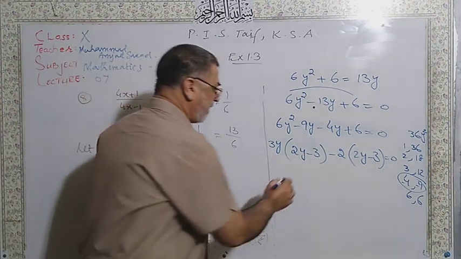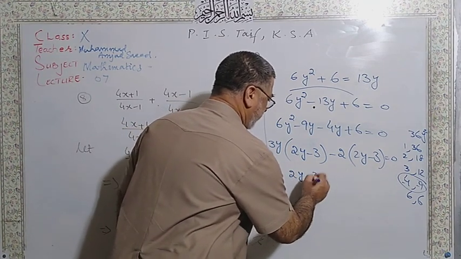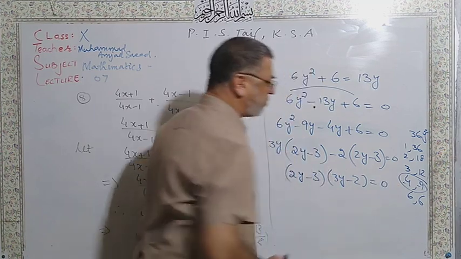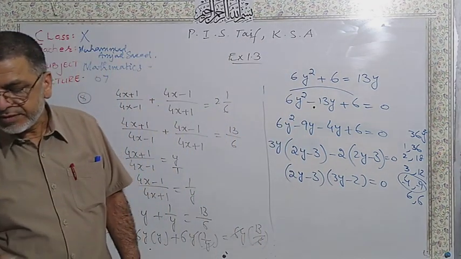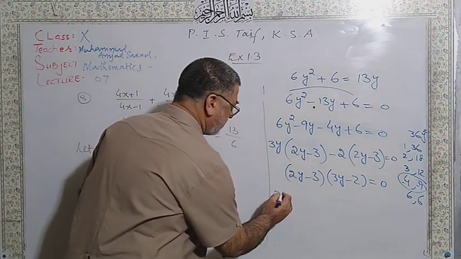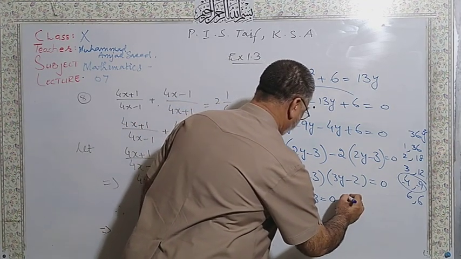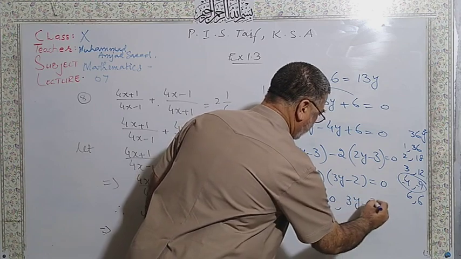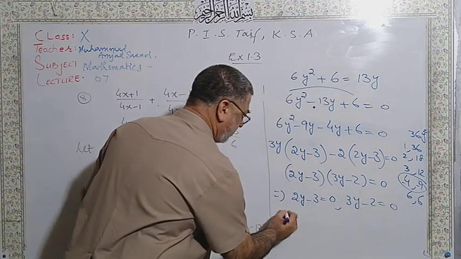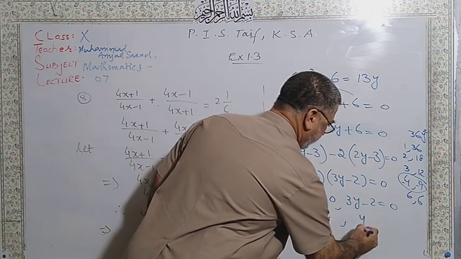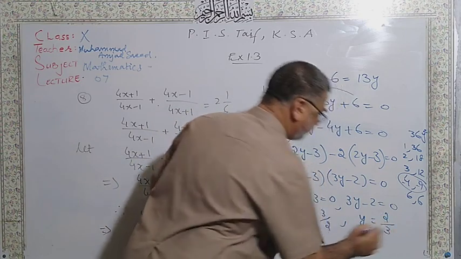So in this way you will have 2y minus 3 into 3y minus 2 is equal to 0. Here 2y minus 3 is equal to 0 and 3y minus 2 is equal to 0, which implies that y is equal to 3 over 2 and here y is equal to 2 by 3.